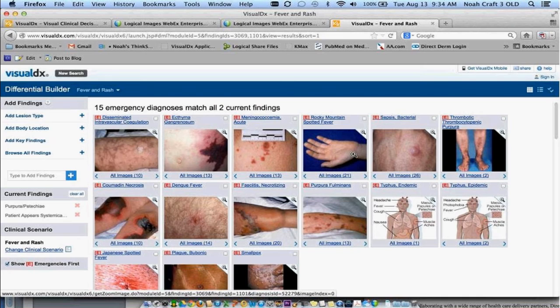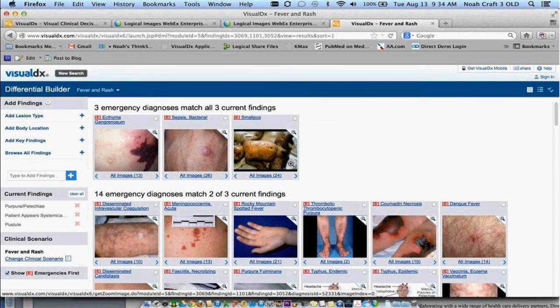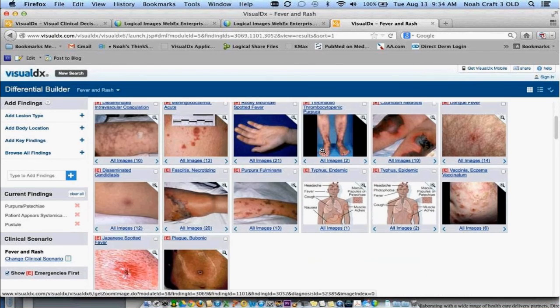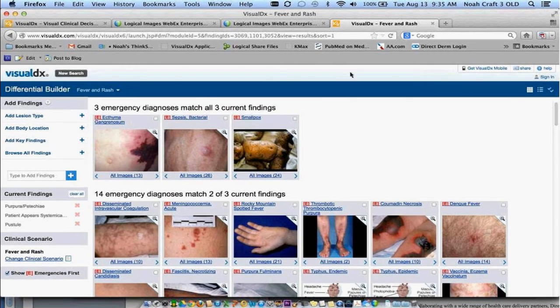Rocky Mountain spotted fever often has petechiae as well. And some of the autoimmune diseases such as vasculitis, ITP, can present this way as well. So this is a pretty good differential for the purpura associated with meningococcemia. You can always add in other findings like pustules, and you can see now other diseases such as sepsis get ranked up there with acute meningococcemia.